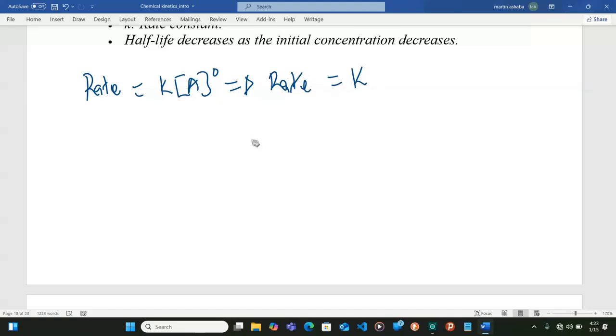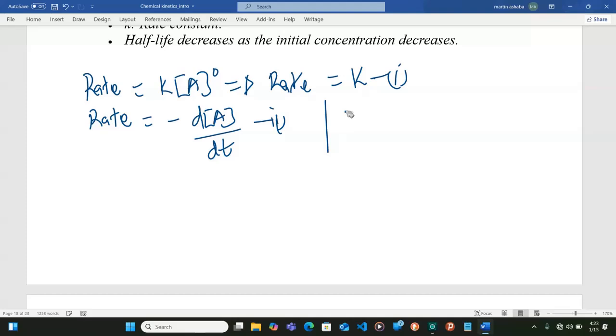What else do we need to note? The rate, when we talk about the reactants, is also equal to negative d[A] divided by dt, the change in time. So if I consider this and that, then negative d[A]/dt will equal k.